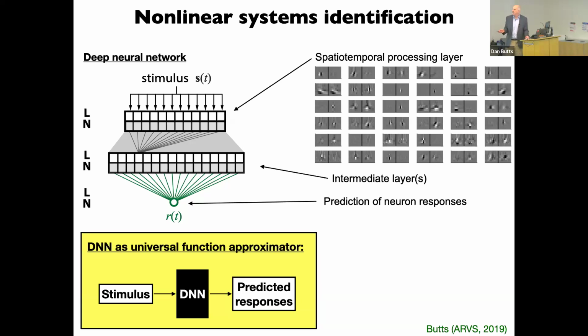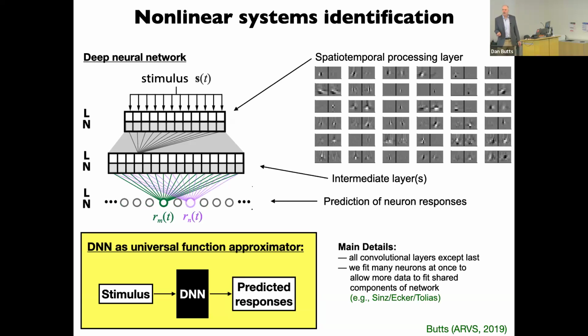The first layer will be like binocular spatiotemporal processing, and note that it doesn't have to linearly add left and right eye. Then it can have intermediate layers, and ultimately it predicts the output by integrating over the previous layers.